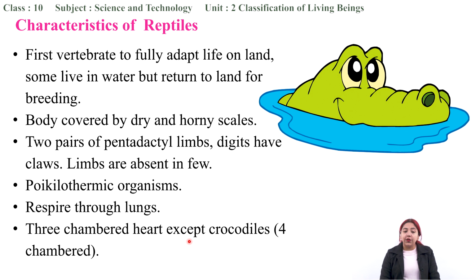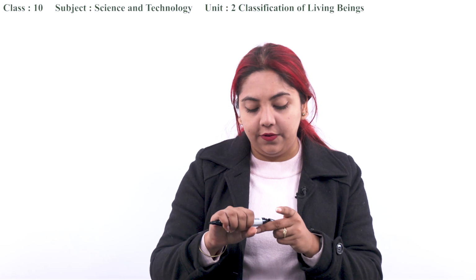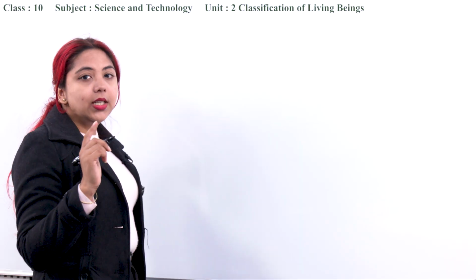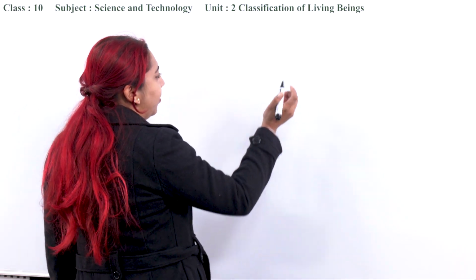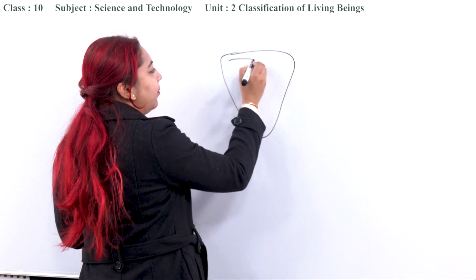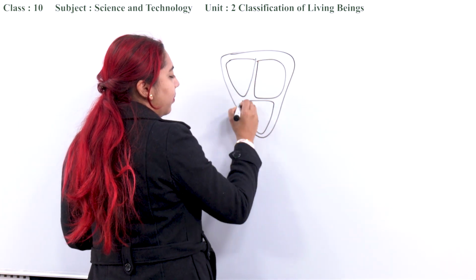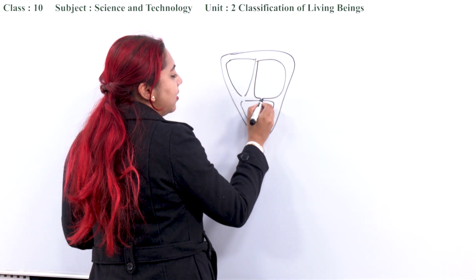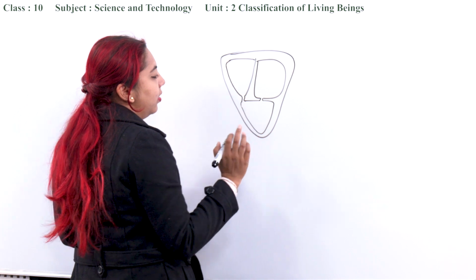Now they have a 3-chambered heart, except the crocodiles, which have a 4-chambered heart. Now it is a slightly different type of 3-chambered heart. We studied that the amphibians have a 3-chambered heart. The amphibian has this type of heart.